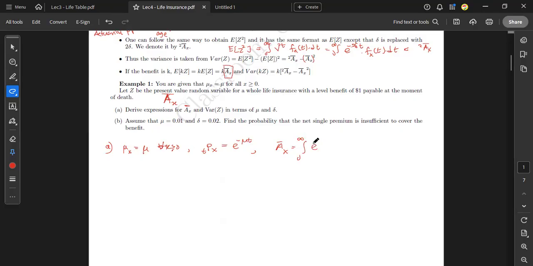And the present value is e to the power negative delta t for the interest part. And this is the fxt, which is pxt times mu. And we have it like this, and we can simplify it further like this.